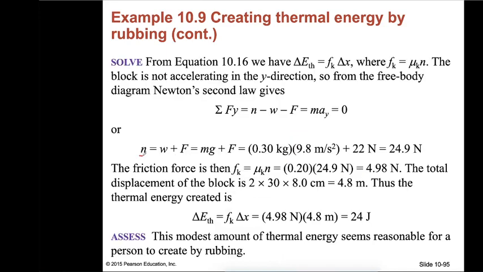Okay, so N equals W plus F, which is here, and the work is friction times delta X. The friction is mu times N. X is 2 times 30 times 8 centimeters, because each stroke is 8 centimeters and each round of stroke is two strokes, and you do it 30 times.